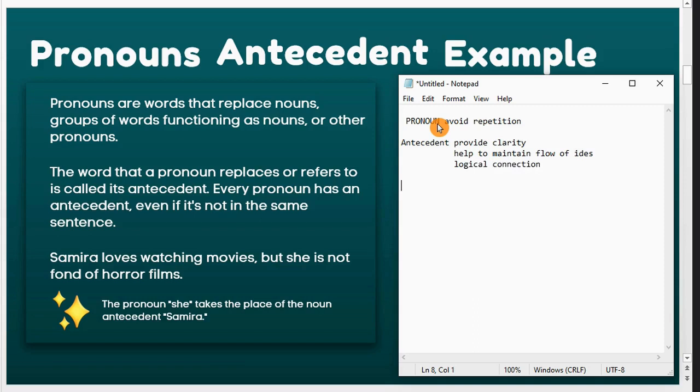For example, if I talk about John: John went to the store. He bought some groceries. So, what is John?